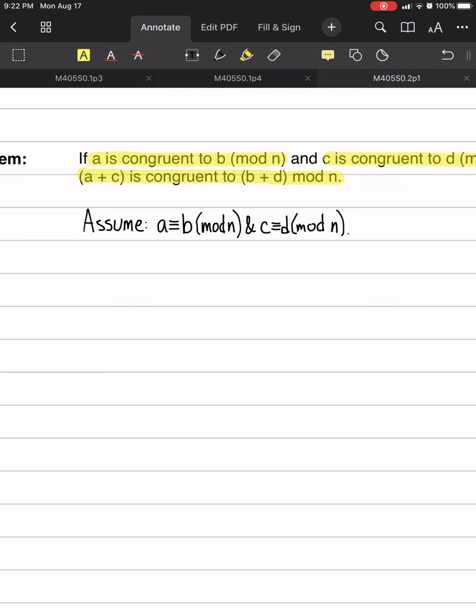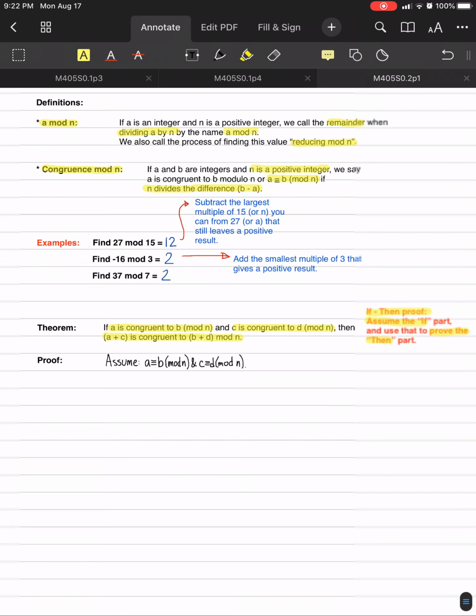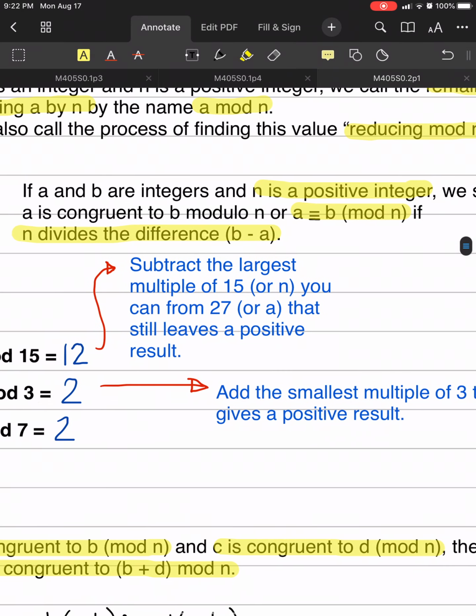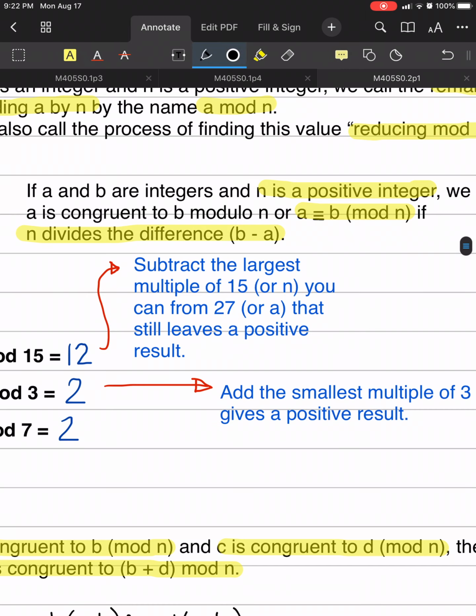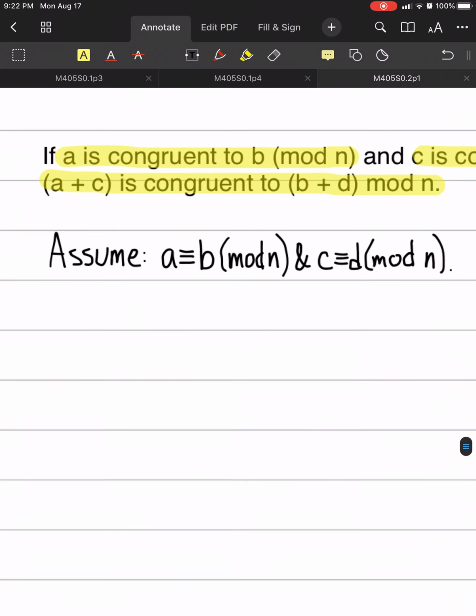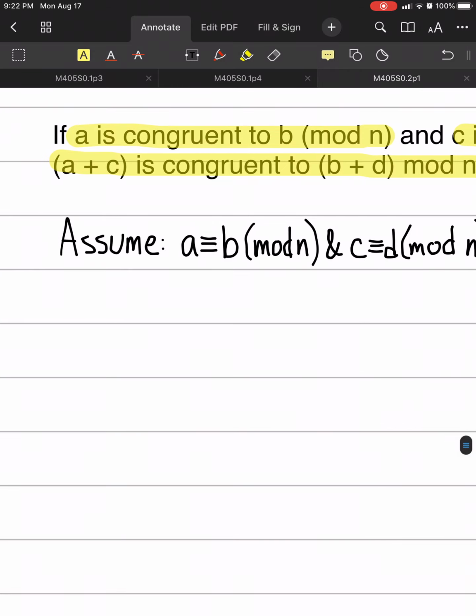So from here, like I said, at this point we need to deal with the definition of congruence. And so if we want to look at that, we can go back up here. A is congruent to B mod n if n divides the difference, B minus A. So we can use that here to get our next line.